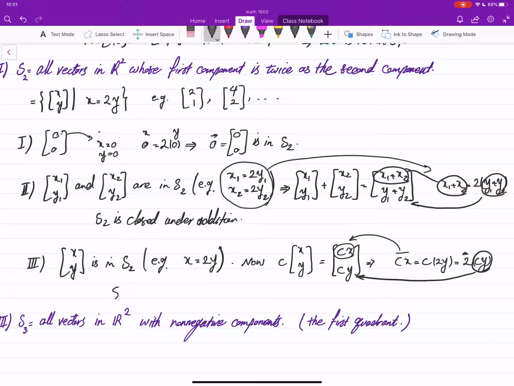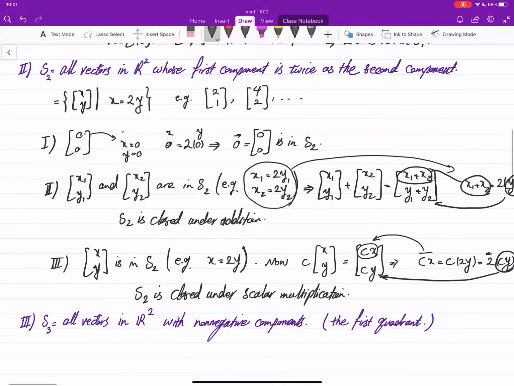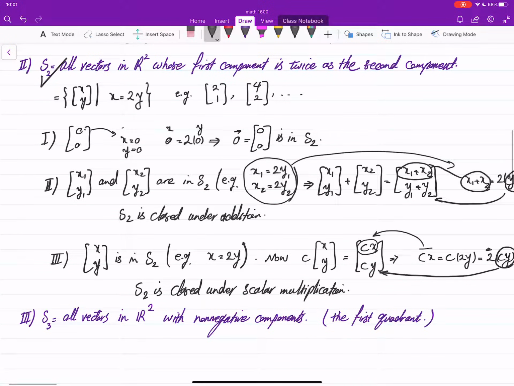That means that S2 is closed under scalar multiplication. And well, that means that yes, this is a linear subspace, or just subspace, of R2.